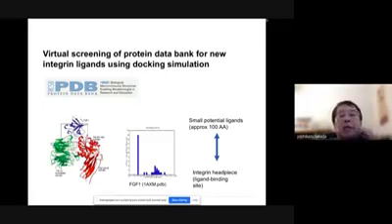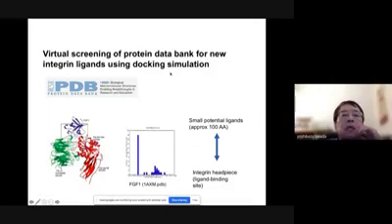So we, for almost 15 or 20 years, have been working to identify new integrin ligands using computer simulation. So, virtual screening of the protein data bank for new integrin ligands, using docking simulation.